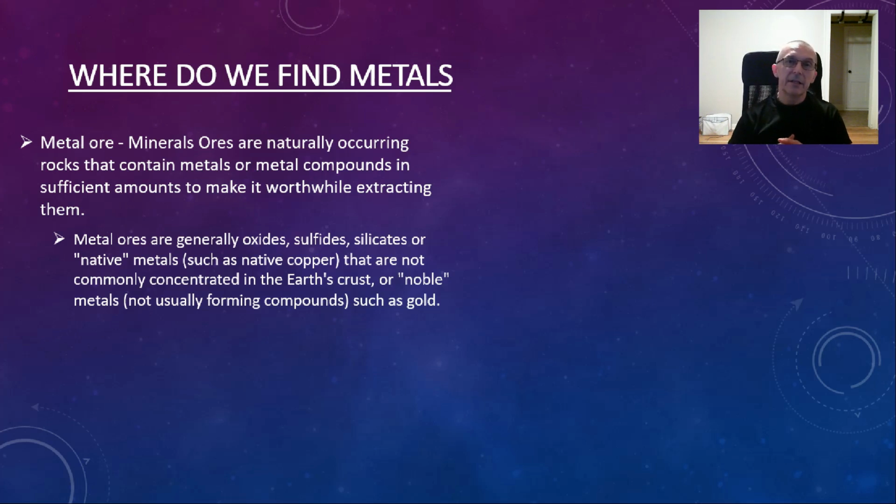Otherwise, it may not be worth excavating the gold ore because you'd be getting less gold out of it than you would have to put into it to dig it out. Metal ores are generally oxides, sulfide silicates, or native metals. The native metals are metals that you can almost see in the rock when you look at it. It's kind of embedded into the rock and it's easier to cultivate.